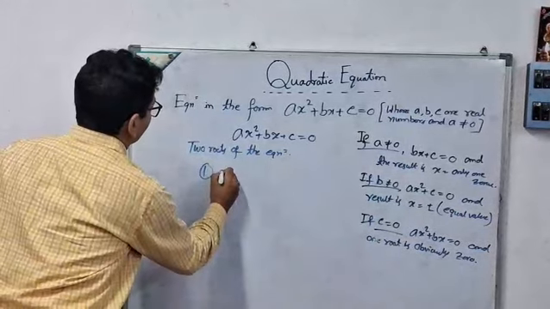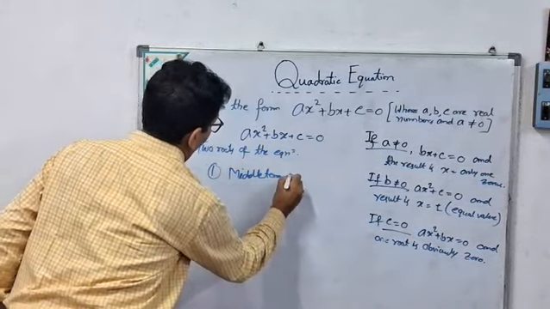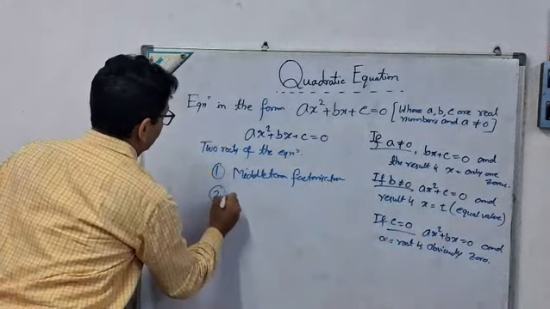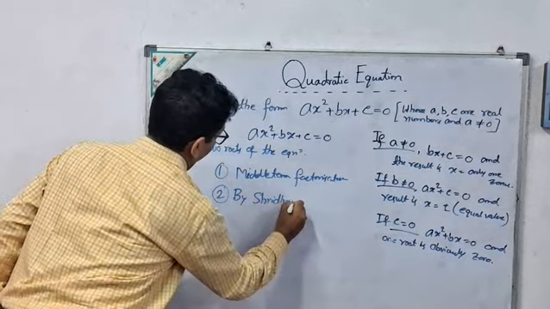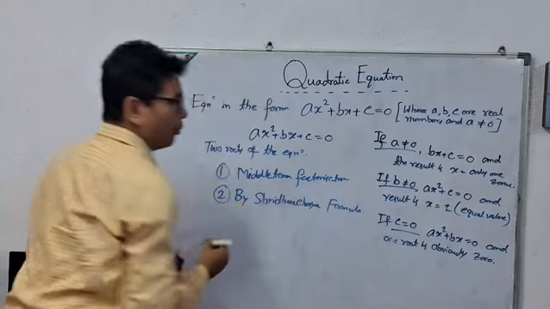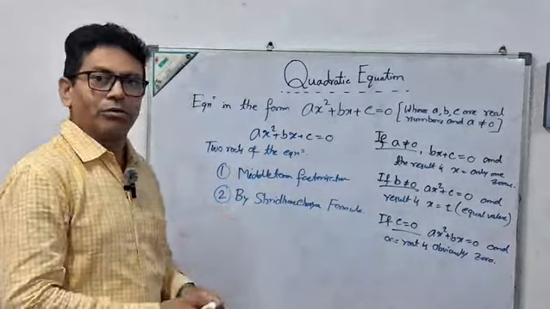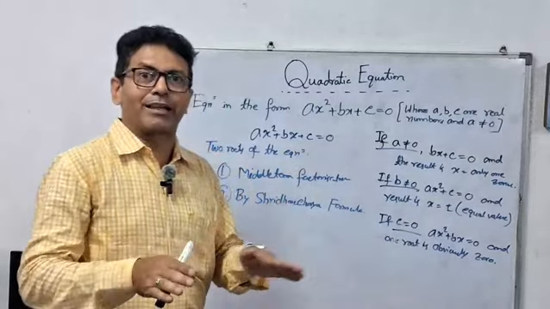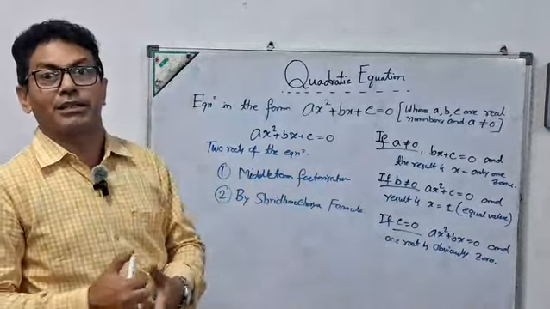The first one is the middle term factorization method, and the second one is by applying the Sridharacharya formula. Most important, and based on this topic, you will get more questions. Either you have to find it by applying the middle term factorization method, which you have learned, or the second one, which is absolutely new now, the Sridharacharya formula.